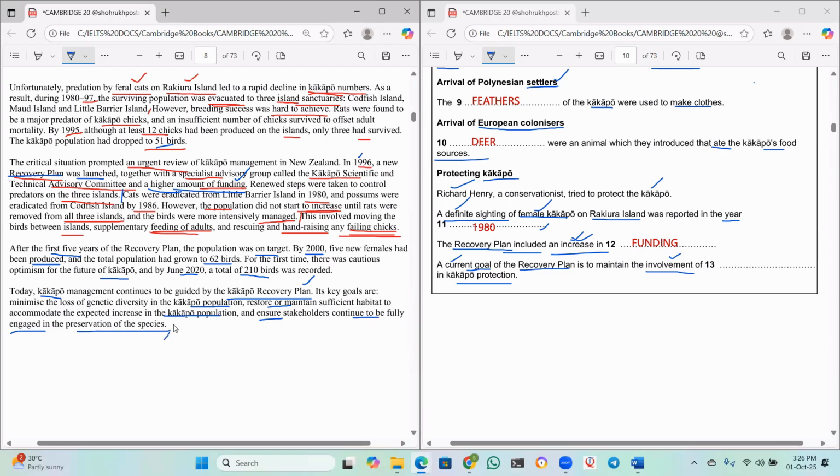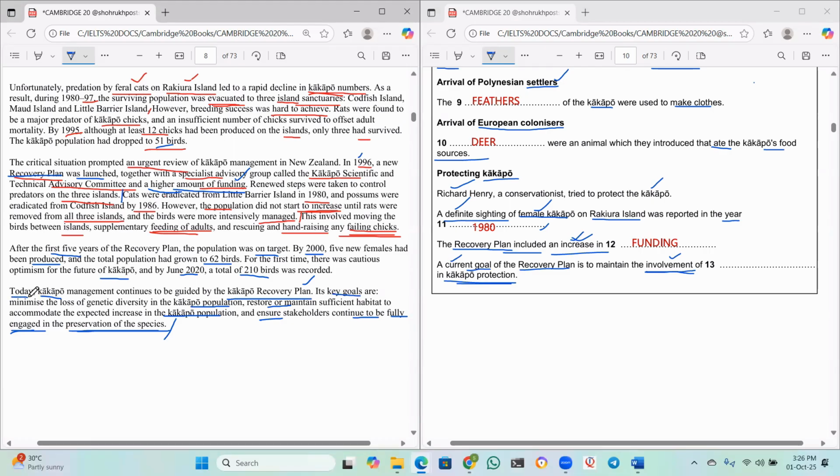What do you mean by engaged? Fully engaged means involvement, right? That is the keyword you have to match here. Fully engaged means involvement in the Kakapo protection, meaning in the preservation of the species. Preservation means protection. These two are matching. So current goal means these key goals.